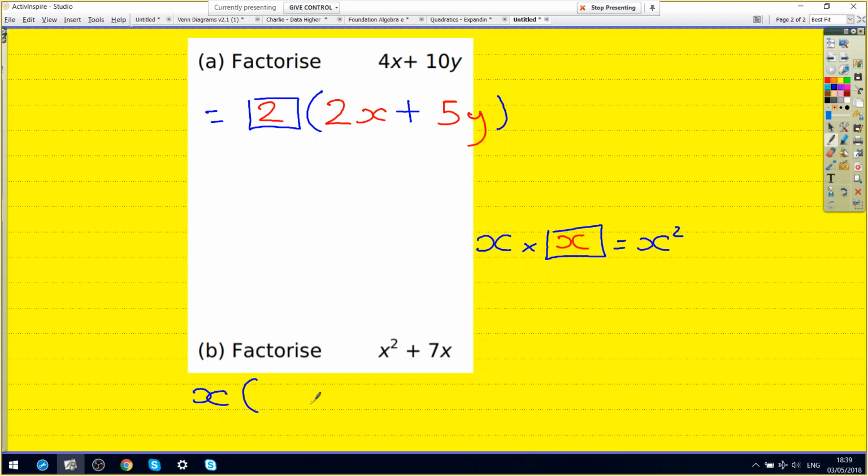Okay, so what's going in my bracket? Extra power of 1, or just x? Yeah. And then for the last bit, would it have 3.5x? You're not multiplying by 2, you're multiplying by x. So x times what makes 7x? Would it be 3 squared?